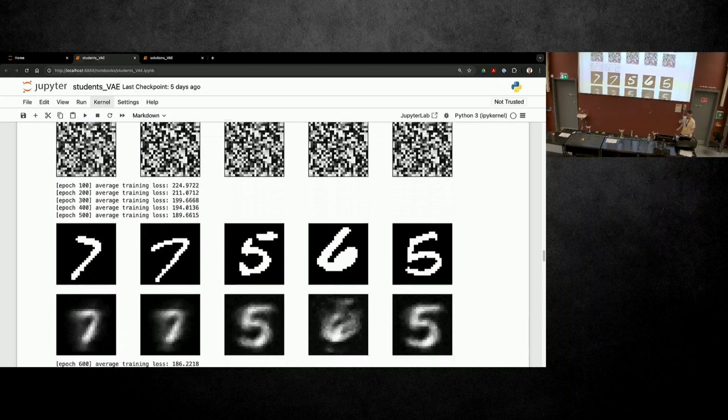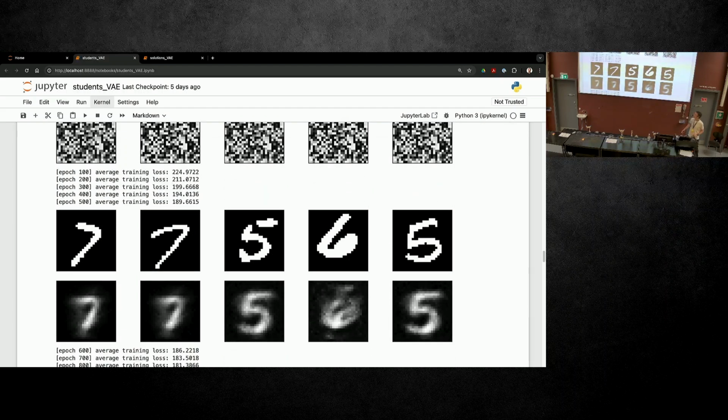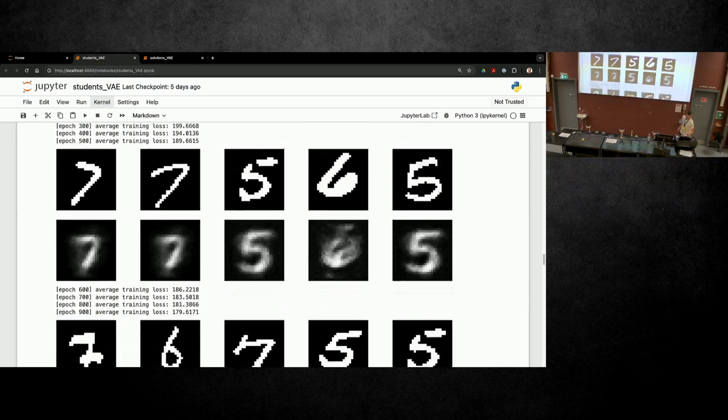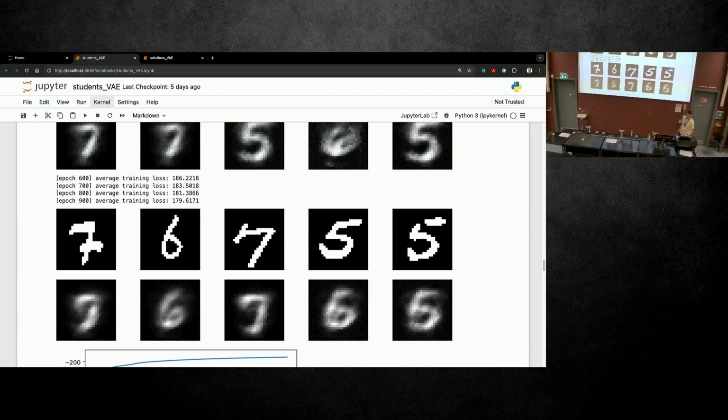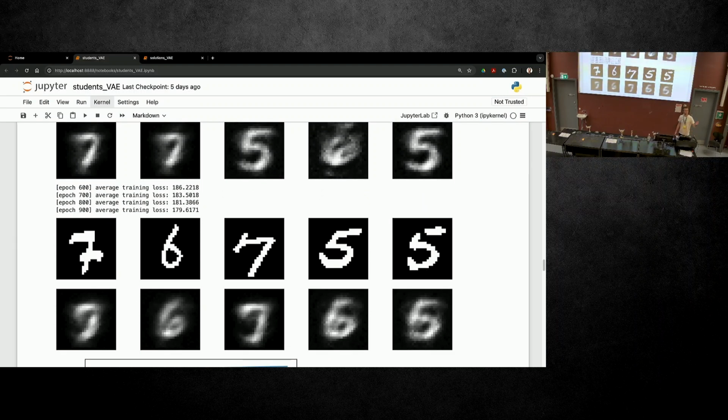After 500 iterations, things start to improve a bit. Now we can see there's some resemblance between what we put in and what we get out. It's still pretty blurry, and things improve a bit here. It's still not terribly convincing. They are rather blurred images, but there are resemblances.